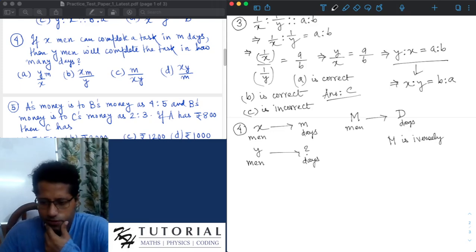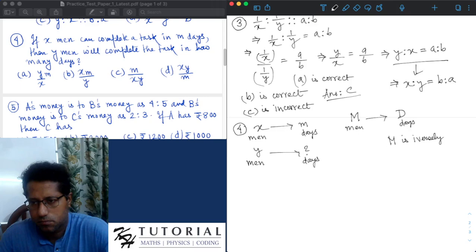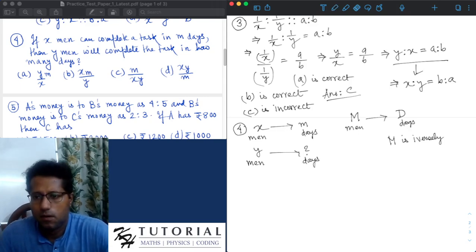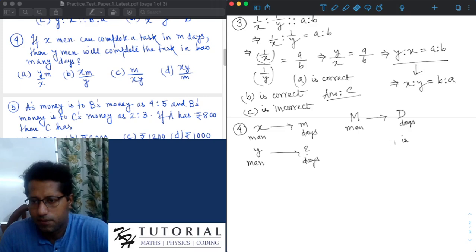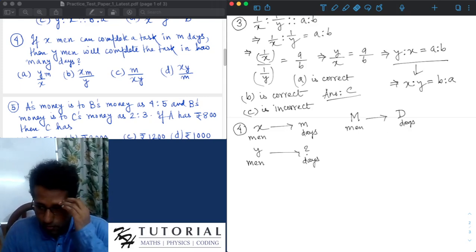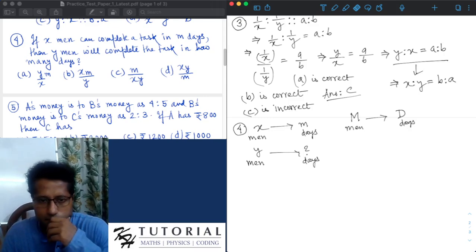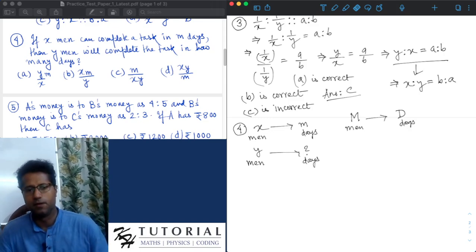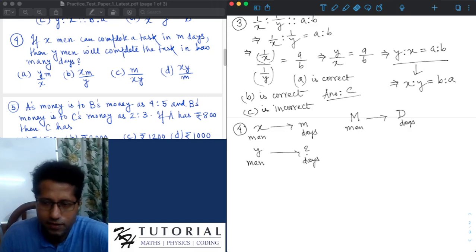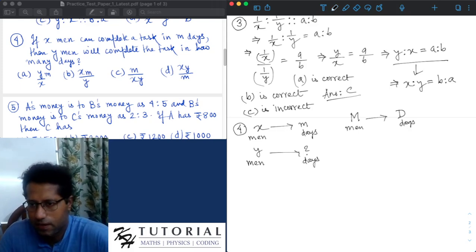There is a concept of direct variation and inverse variation. So the concept is that in time and work, if you consider a specific type of task, then more men will do the task in less days. If you increase the number of men, then the number of days will decrease. So for a specific task, if you increase m, d will decrease, and if you decrease m, d will increase.